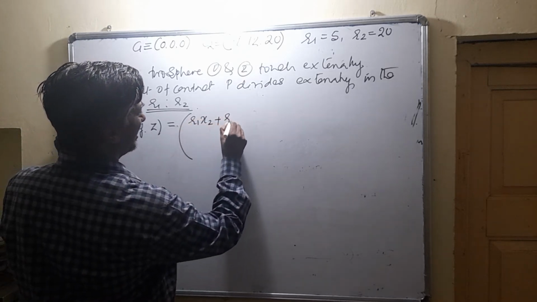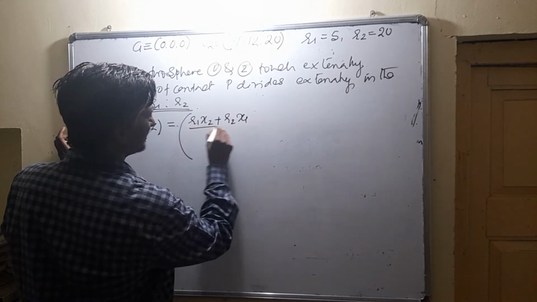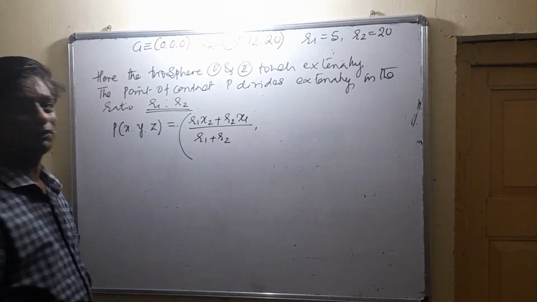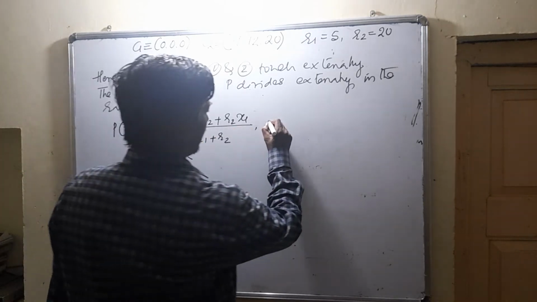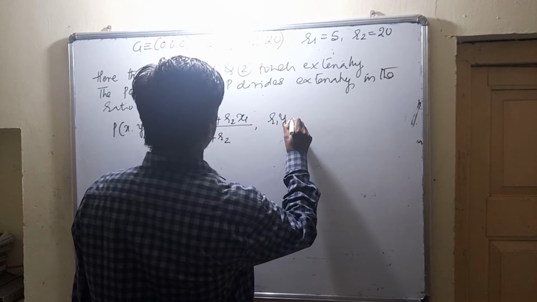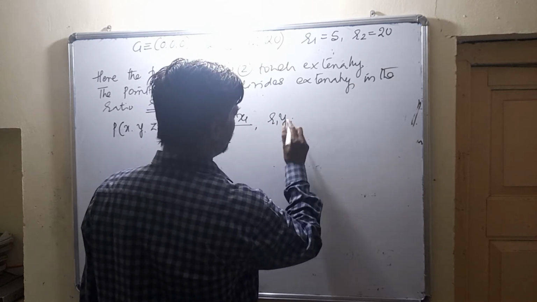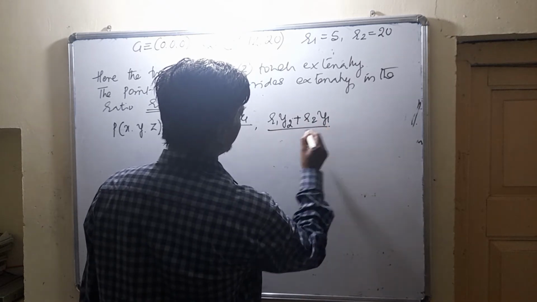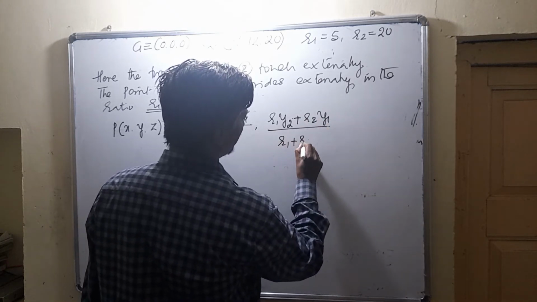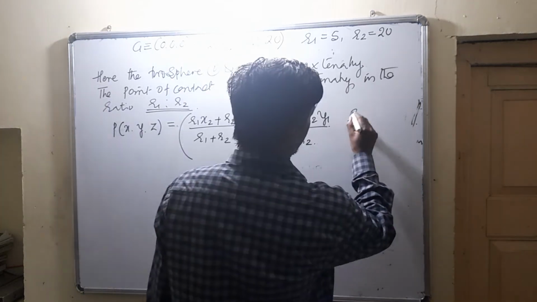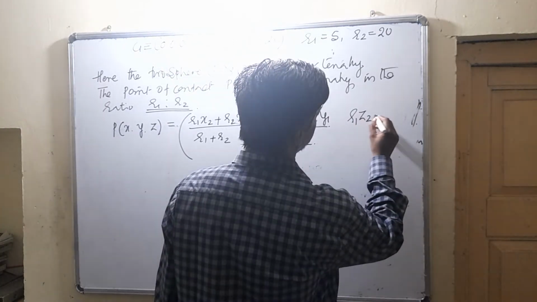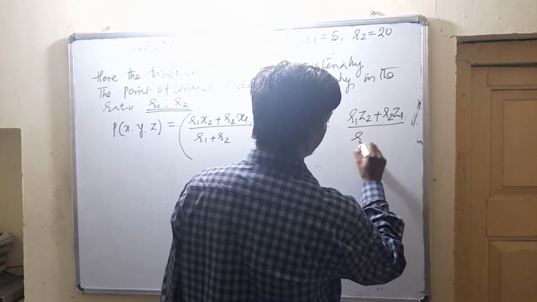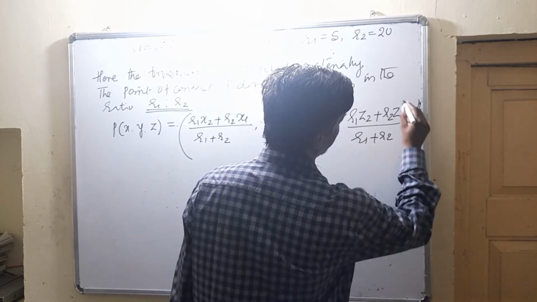r1 x2 plus r2 x1 divided by r1 plus r2, first coordinate. r1 y2 plus r2 y1 divided by r1 plus r2. r1 z2 plus r2 z1 divided by r1 plus r2.